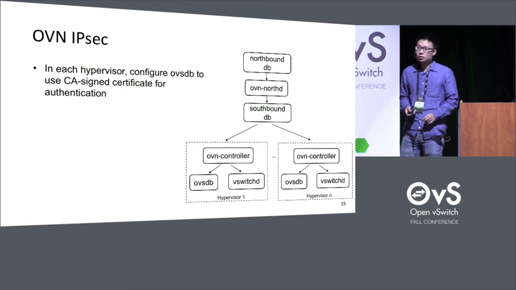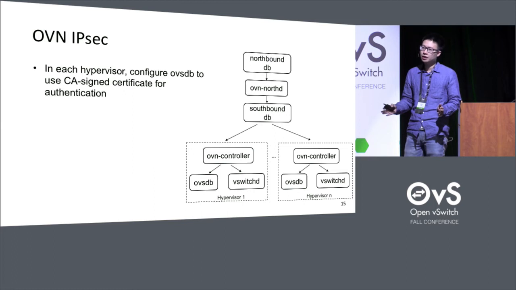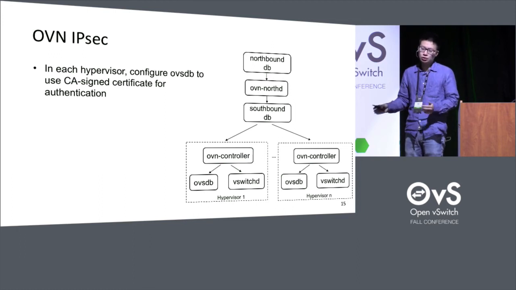So what you will do in OVN IPSEC is, for each hypervisor, you get a certificate and a private key, and you create a CA, use the CA private key to sign those certificates, and configure those certificates in the local hypervisor.